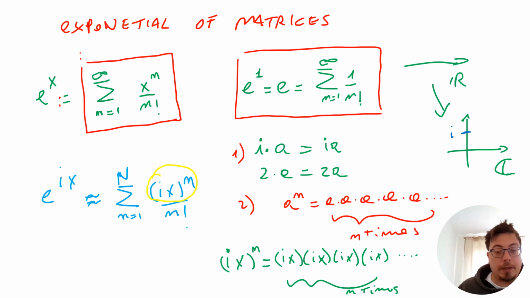We have no problem with that, because we know how to multiply complex numbers.